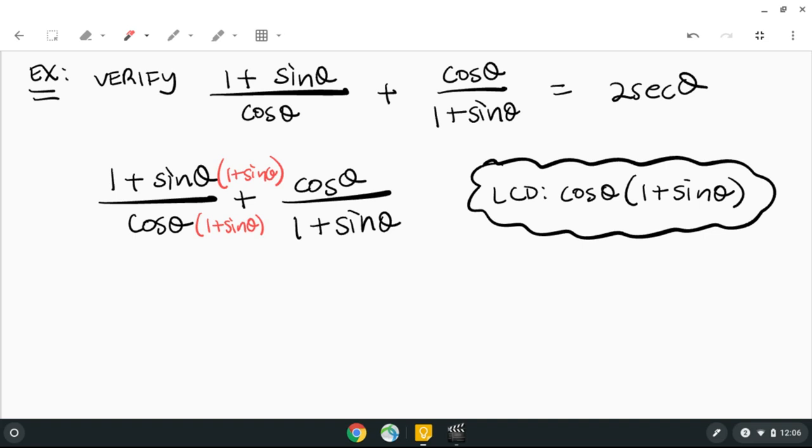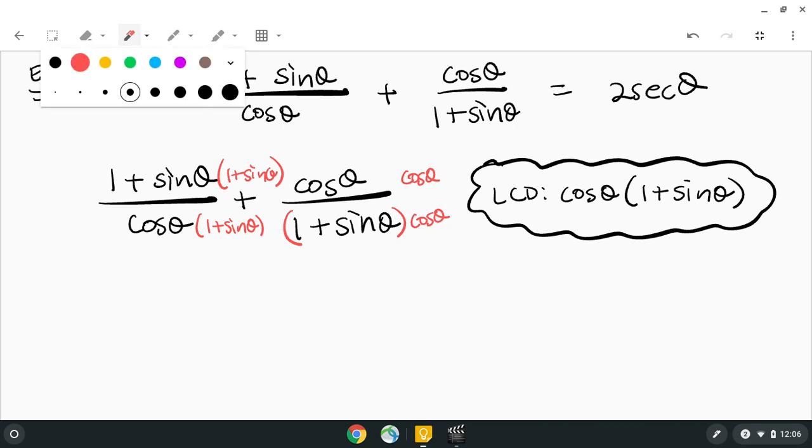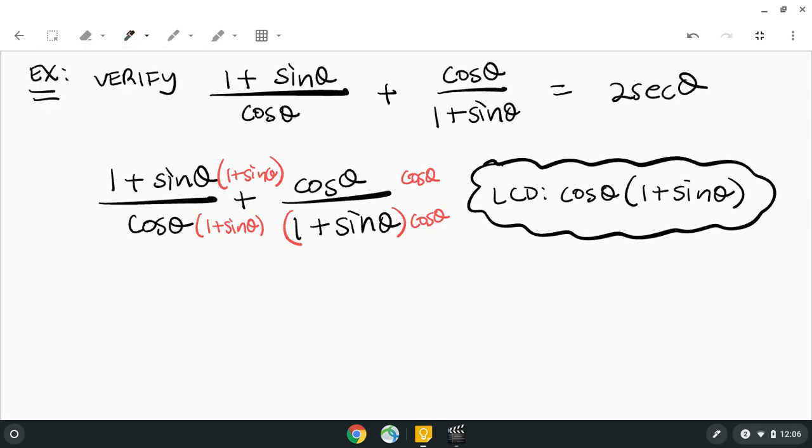And over here, I'm going to have to multiply by cosine theta over cosine theta. All right, and then let's see what we get. Here, let me write it down.